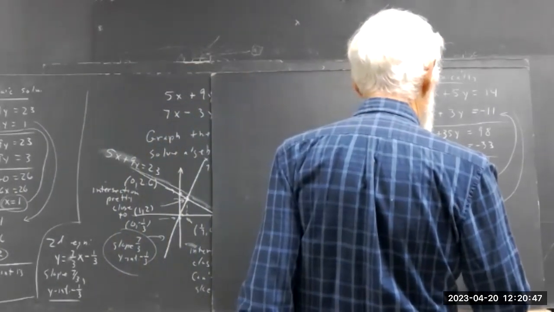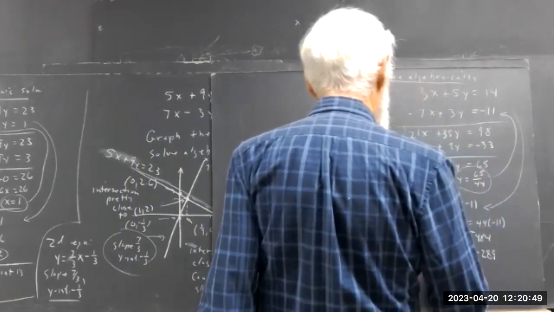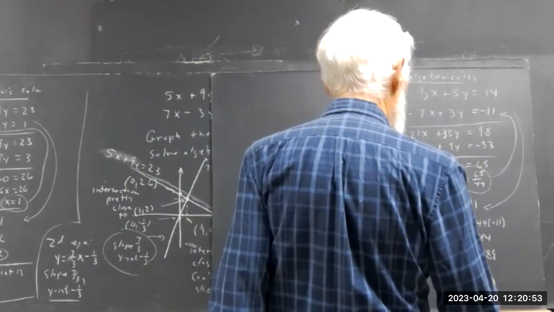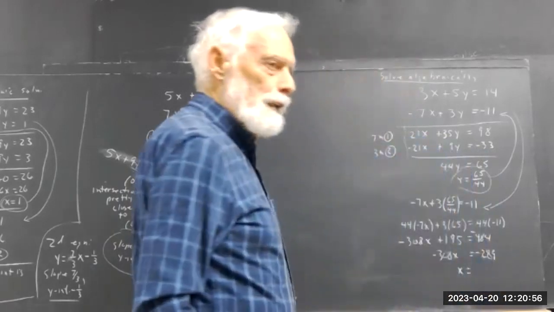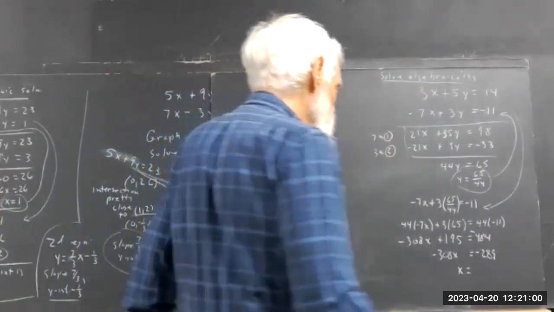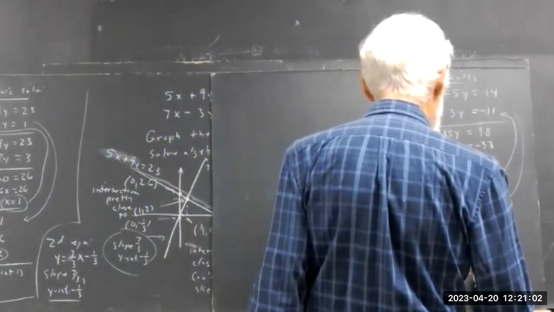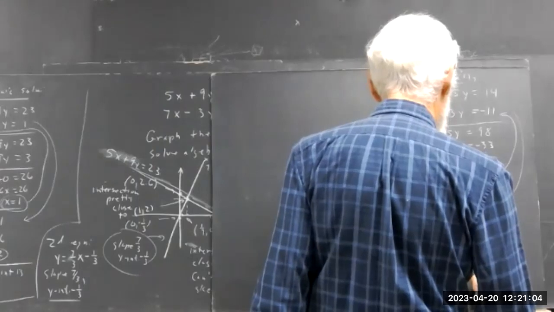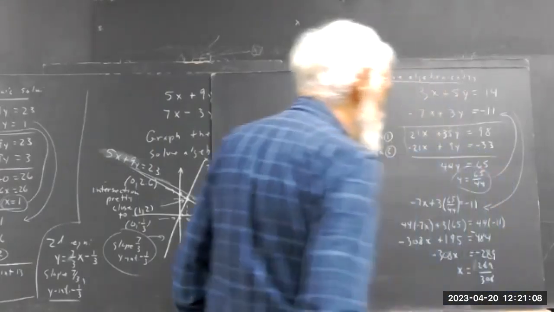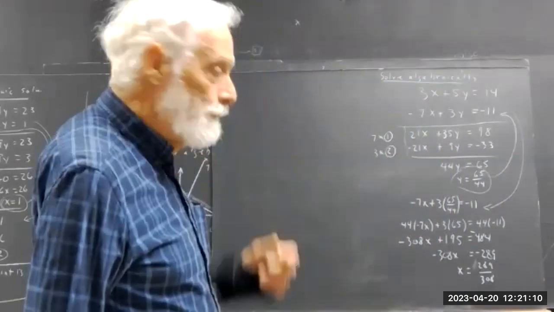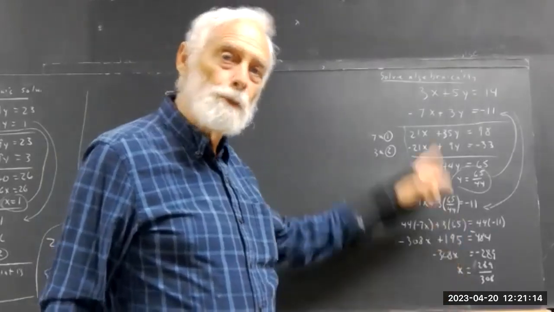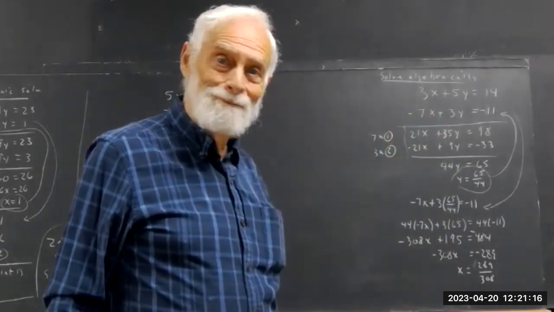That ends up -289. And I get -308x equals -289. And I know this was obvious to you when you first saw the problem. Our solution is x equals -289 over -308. Now, did that just pop into your head when you first saw the equations?